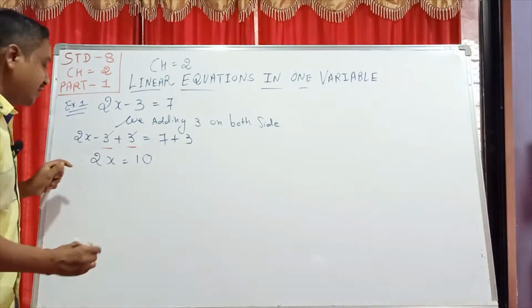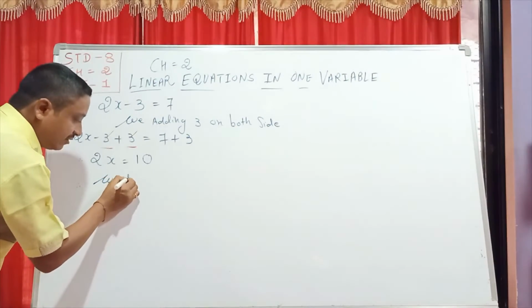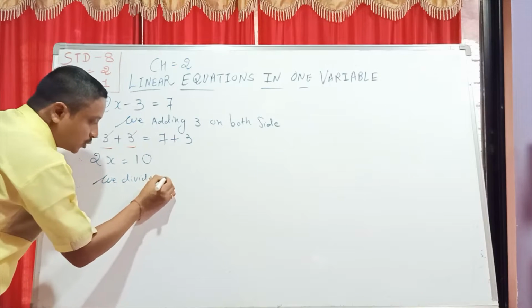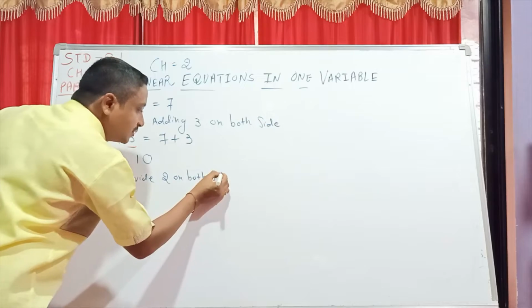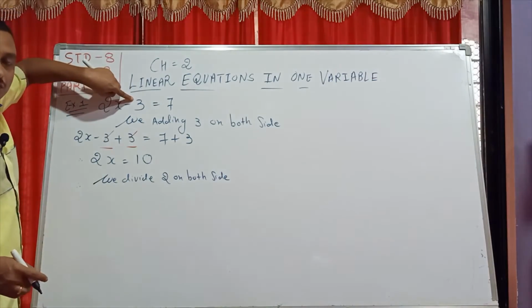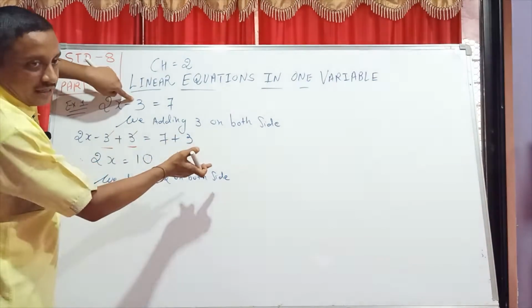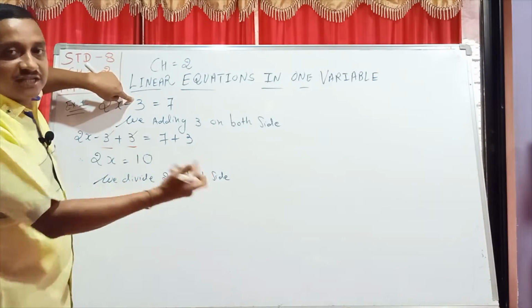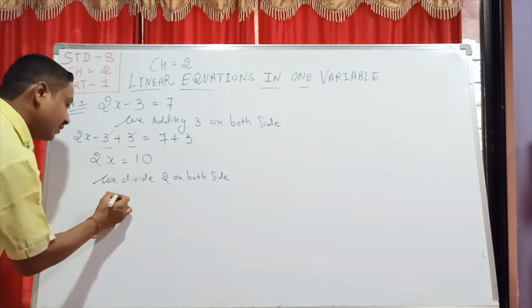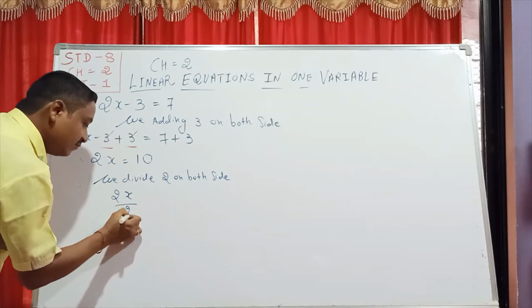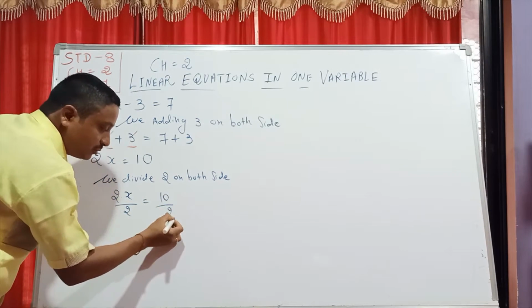Yes, divide by 2. So mention here we divide 2 on both sides. Always students, if subtraction is given, then you add on both sides. If addition is given, then you write subtraction. Similarly, if multiplication is given, then you write dividing. And if division is given, then you show multiplying.